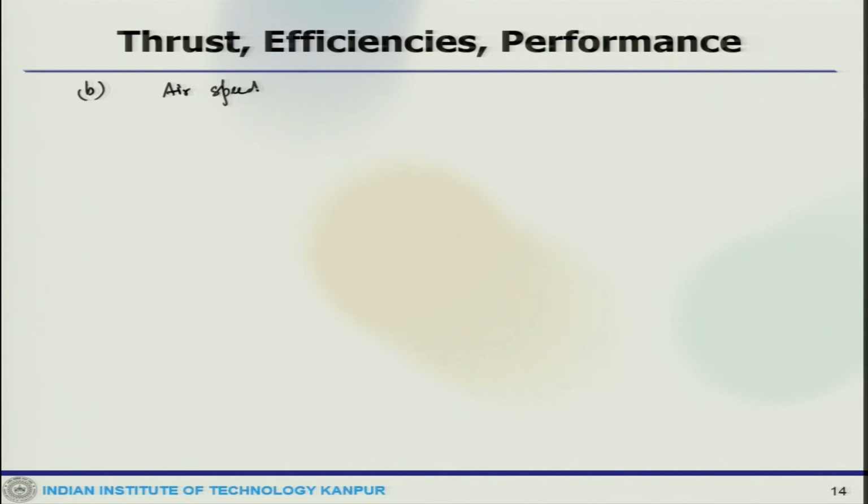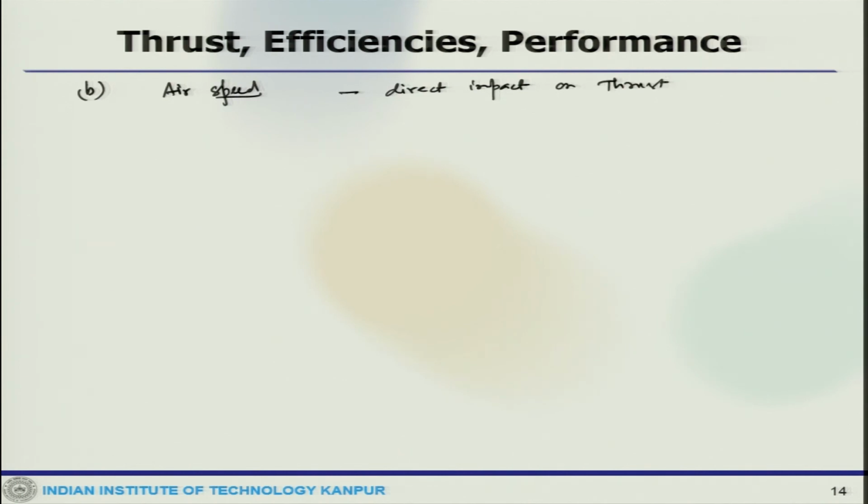Now, air speed also sometimes depends on the approach speed, which is equal to the flight speed in the thrust force. Such a parameter has a direct impact on the net thrust.